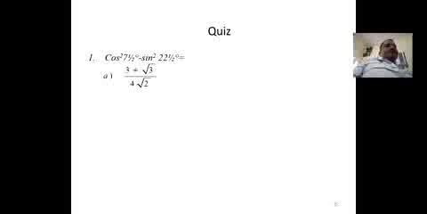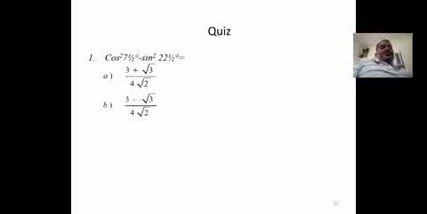So cos of 7.5 plus 22.5, cos 30, into cos 15. Cos 30 value is root 3 by 2. Cos 15 is root 3 minus 1 by 2 root 2. So root 3 into root 3, 3 plus root 3. So the first one is the correct option.